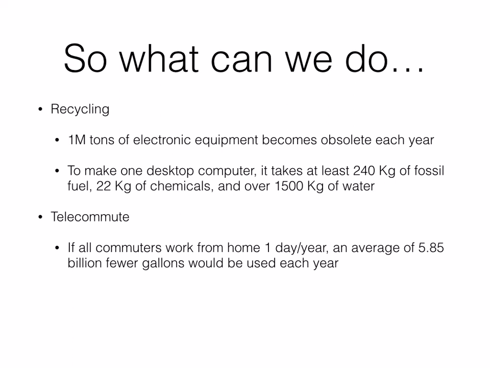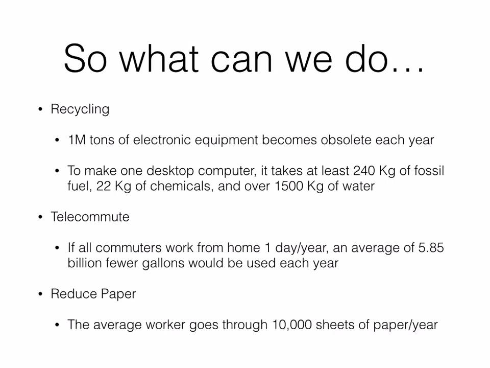Another option about what we can do from a statistical sense is if all commuters work from home 1 day a year, an average of 5.85 billion fewer gallons would be used each year. We can also reduce paper. The average worker goes through 10,000 sheets of paper per year.